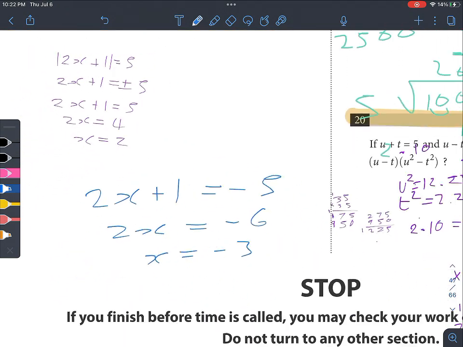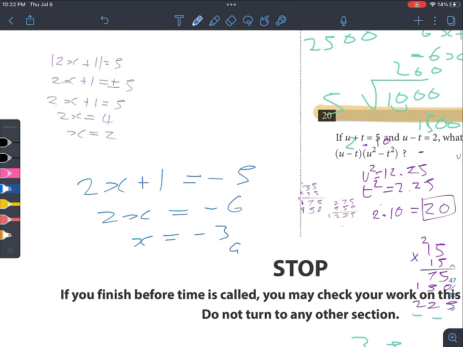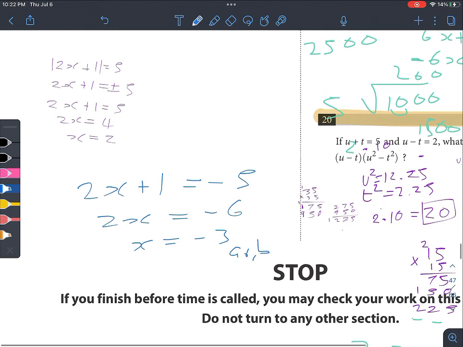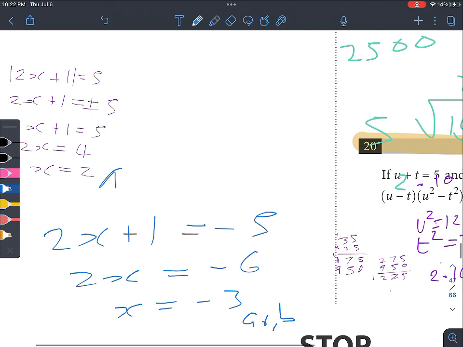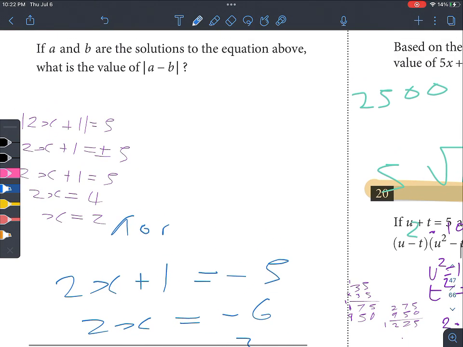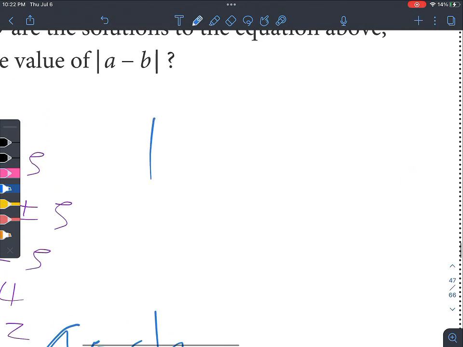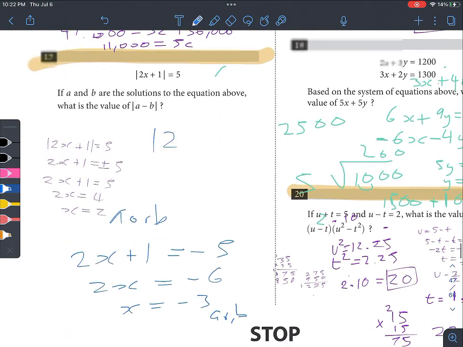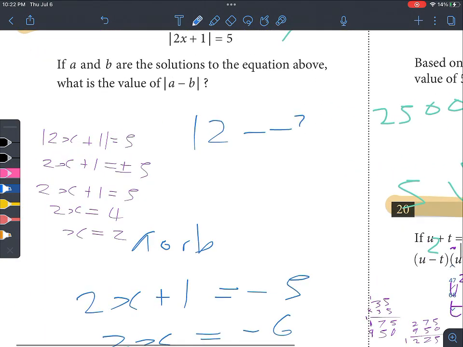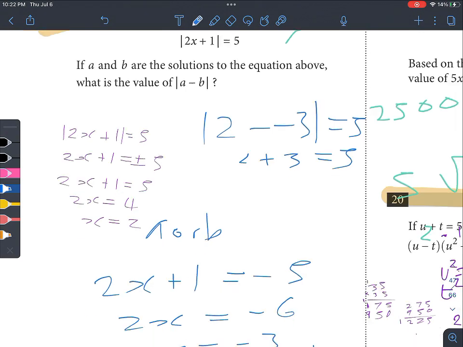Okay, so now a minus b, so that means this could be a or b. So let's just try that real quick, and this could also be a or b. So I'm just going to use the first one as a. So 2 minus 3, so that equals 5, right? Because 2 plus 3 equals 5.